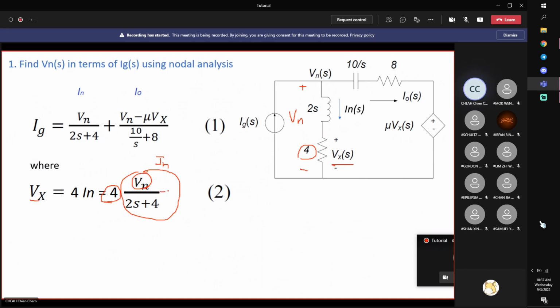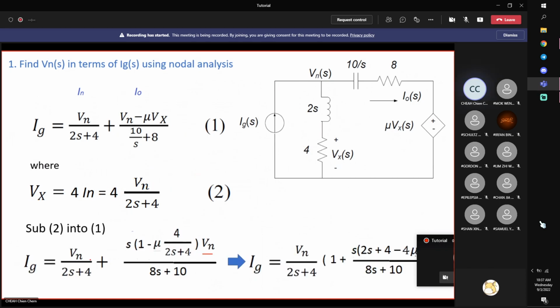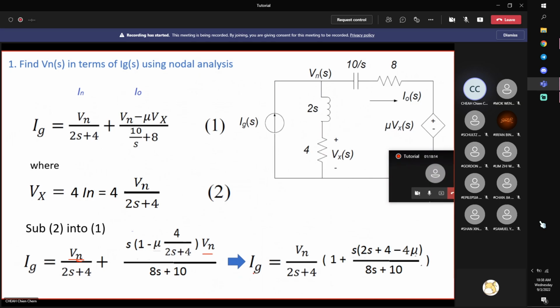Okay. After that, go back into here, you only have Vn. Which means that I have related my Ig to Vn. After that, invert it. What does invert it mean? It means that we express Vn in terms of Ig, right? So we will take out Vn, and take out some of the common factors, right?